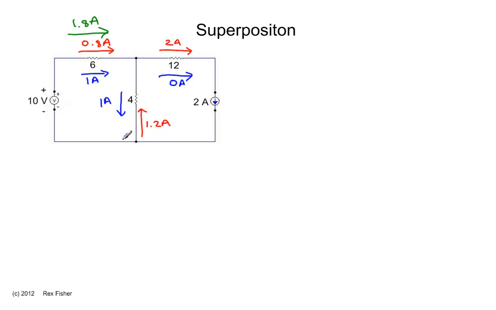1 amp flowing down and 1.2 amps flowing up means we have to take the difference of those two currents, and the higher current flows up, so we're going to get 1.2 minus 1 is 0.2 amps.